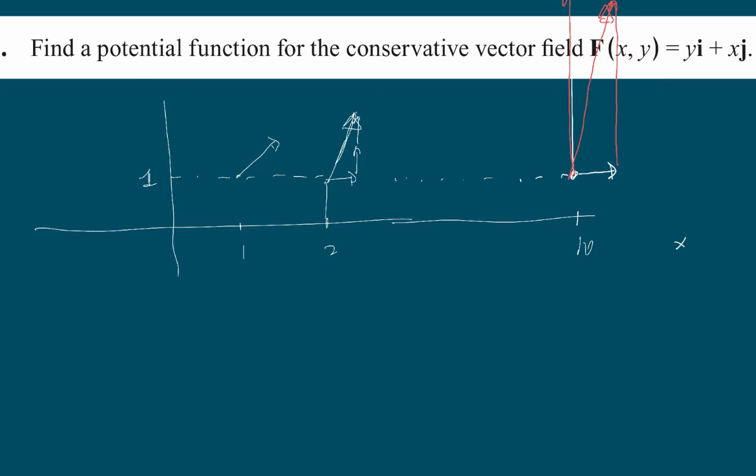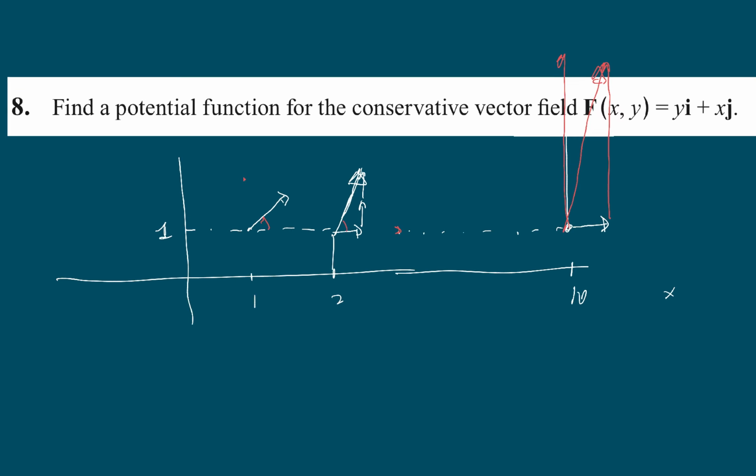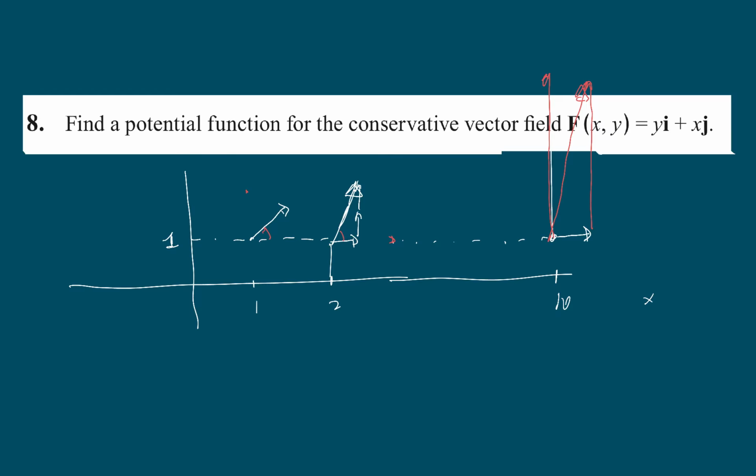So as you move to the right, the angle of the vector field is changing. What happens if you move up? How will the vector field look? If you keep x fixed and you move up, y will increase, so the i component will increase.